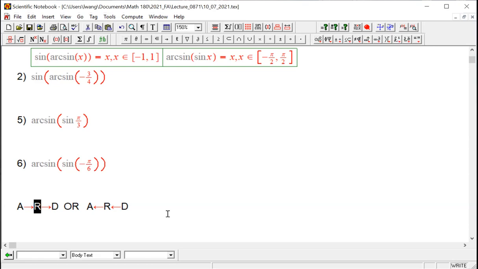So now, are you guys ready? Are you ready for number 2? What's the answer for number 2? -3/4. That's right. You just apply the property. The property applies directly to it, right? -3/4 is in the interval. Therefore, the answer is just -3/4.